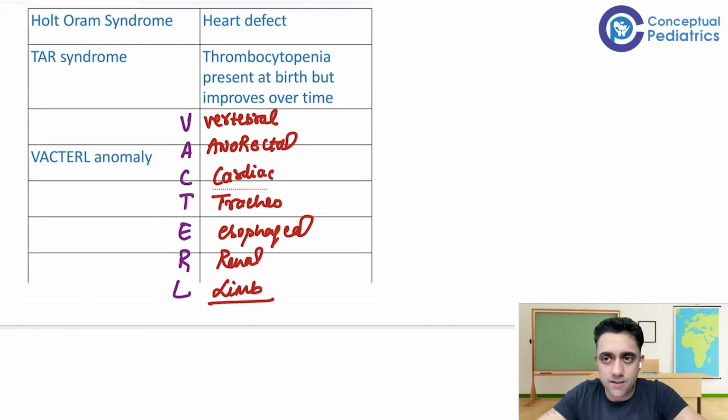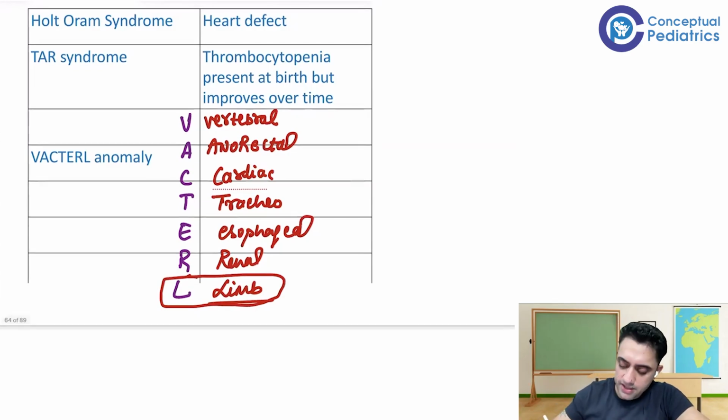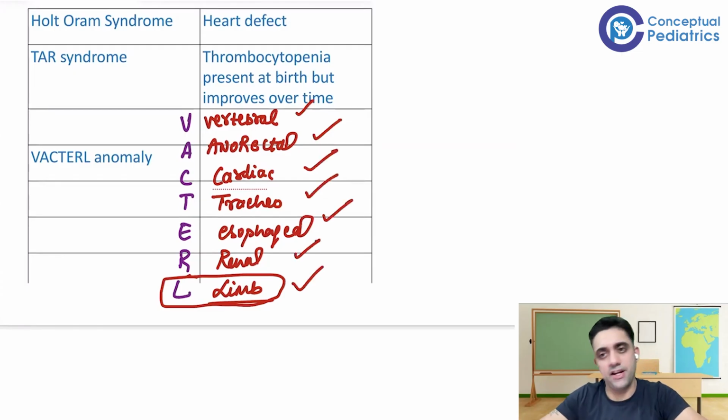Whenever the patient comes to you with absent radius syndrome, which is an upper limb problem, if the baby is coming to you with limb anomaly, you need to do a complete body checkup. You check for vertebral anomaly, anorectal anomaly, cardiac, tracheo, esophageal, renal, and limb anomalies.